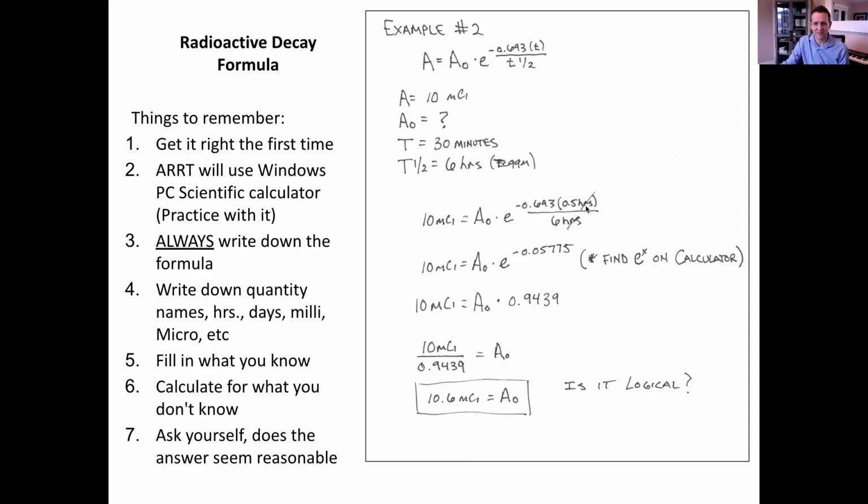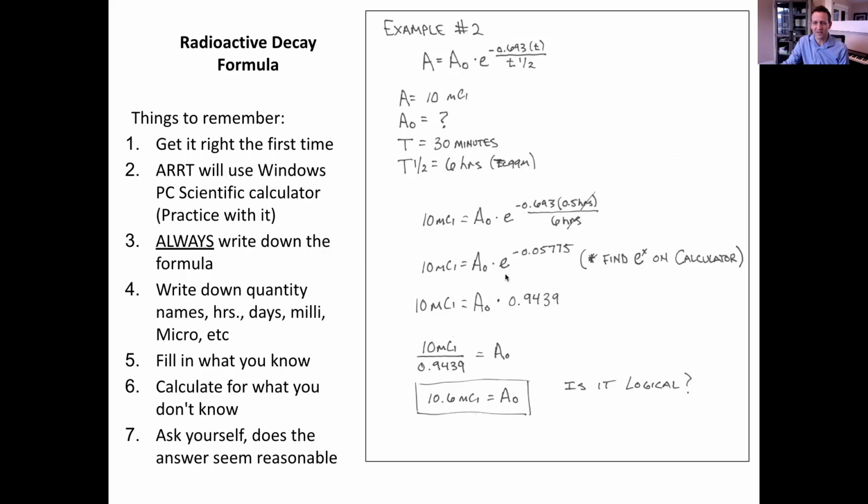Then I canceled out my hours because they're like terms. When I do the math and take 0.693 times 0.5 divided by 6, I get this number here, negative 0.05775. Then I'm going to find my e on the calculator, my log function, take this number, plug it in, and hit that button.